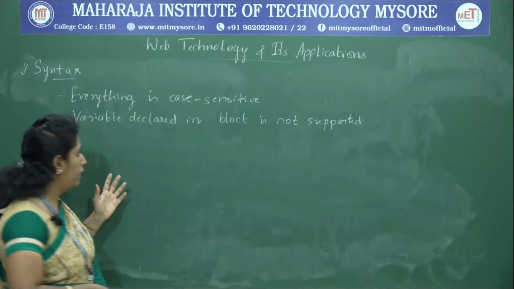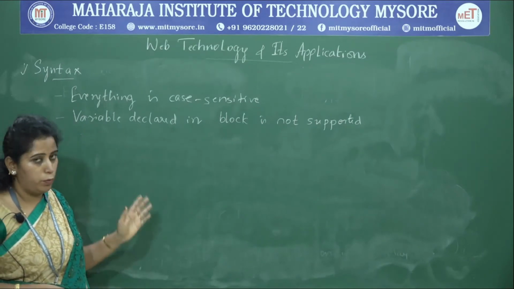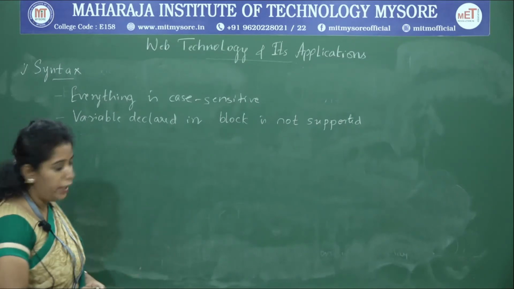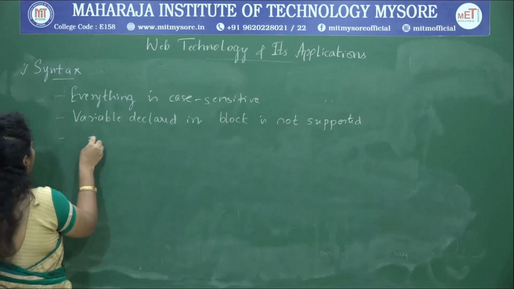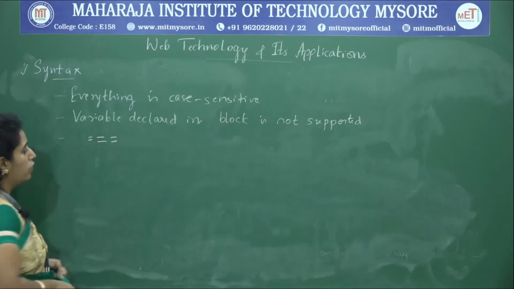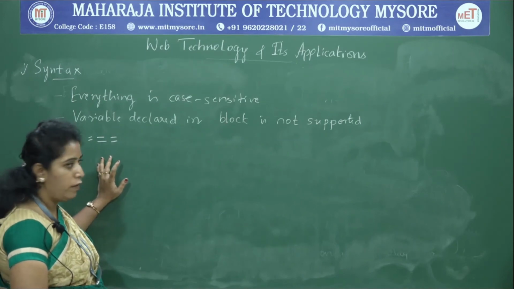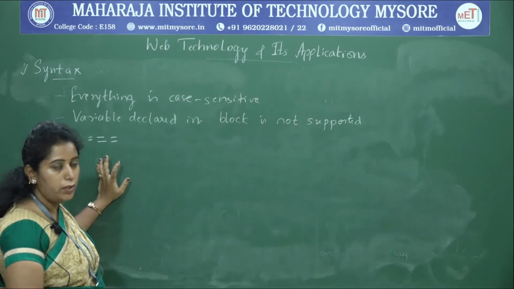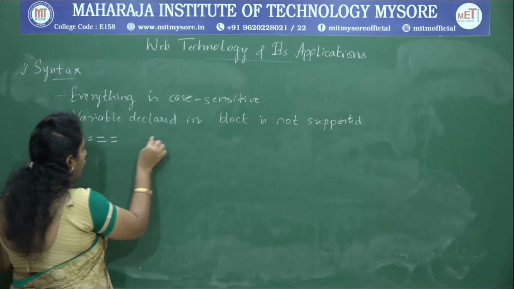That is what variable declared in block is not supported means. Next, there is an operator like this, which is not only for checking the equality, it is also used for finding type equivalence.